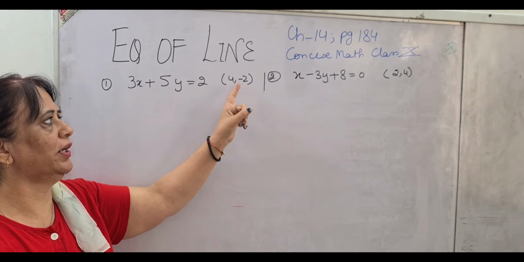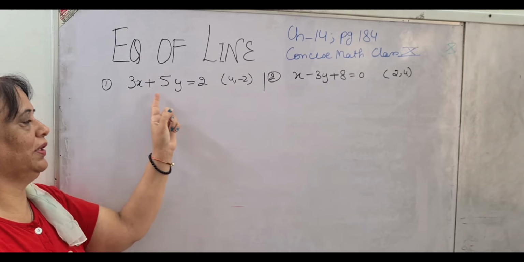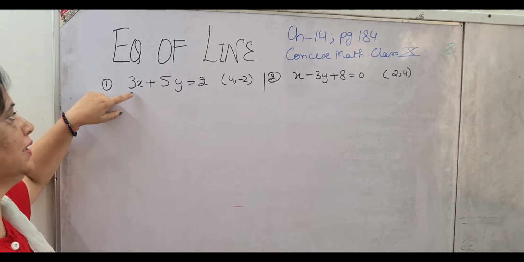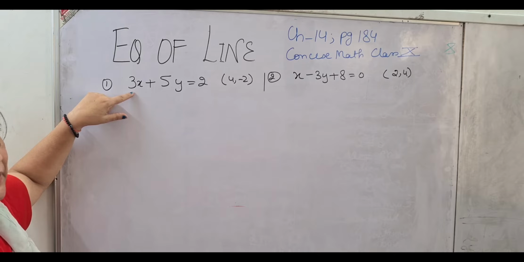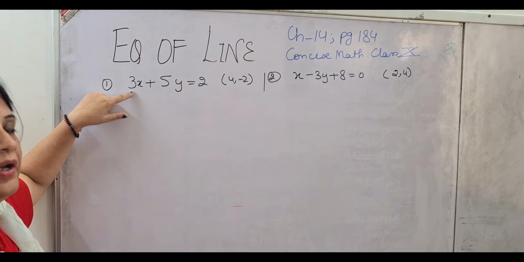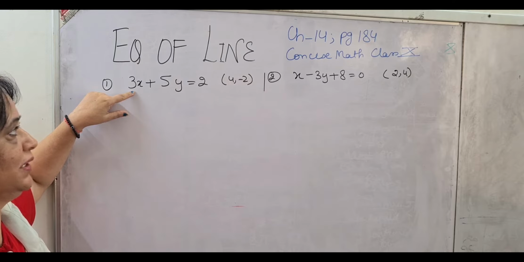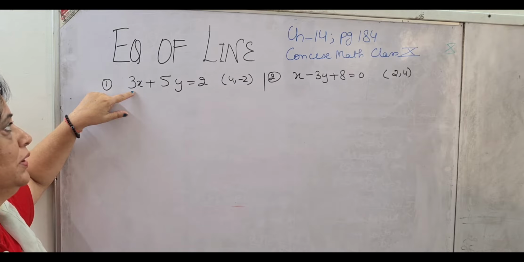Now you must be wondering why ma'am has written an equation as well as a point. First of all, let me remind you that this type of equations we have done in 9th standard also, and there we termed it as linear equation in 1 or 2 variables. If 2 variables, then it is 3x plus 5y is equal to 2, or if 1 variable, then 3x is equal to 7, or something like that.